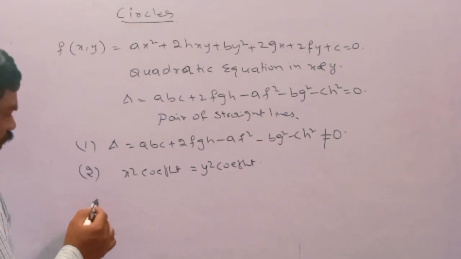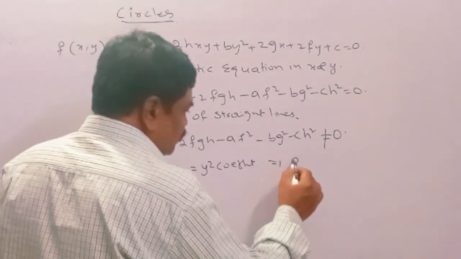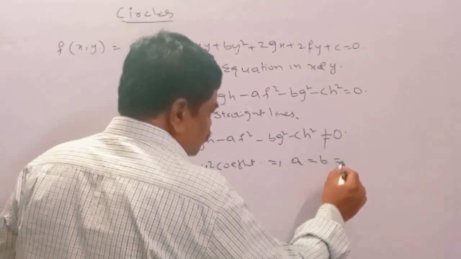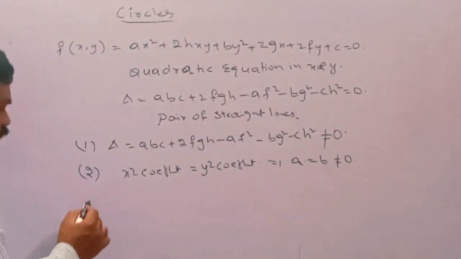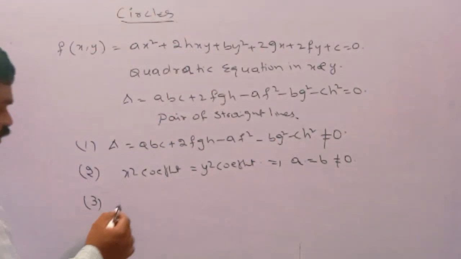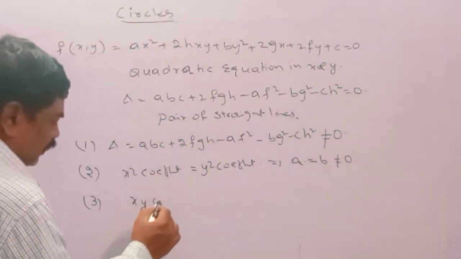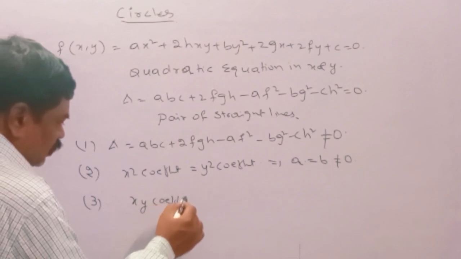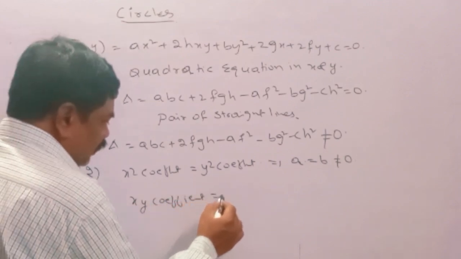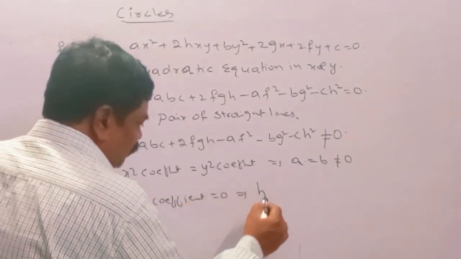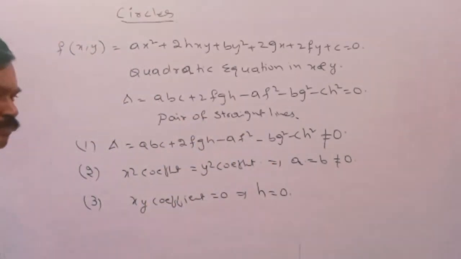So that implies a is equal to b is not equal to 0. Third one, that is the xy coefficient equal to 0 implies h equal to 0.